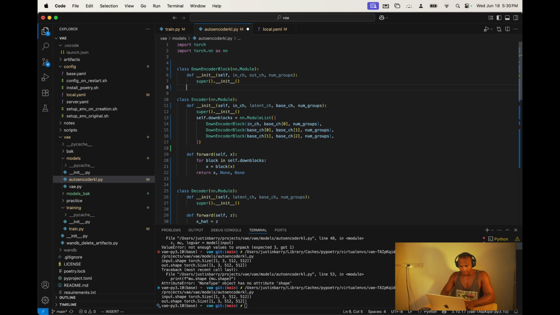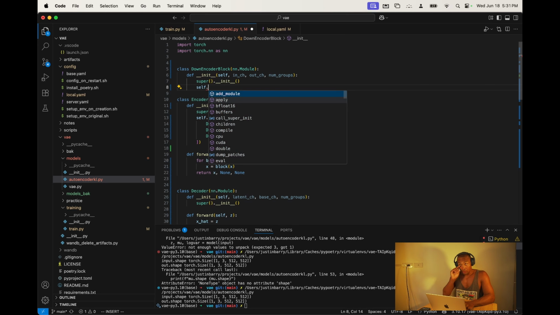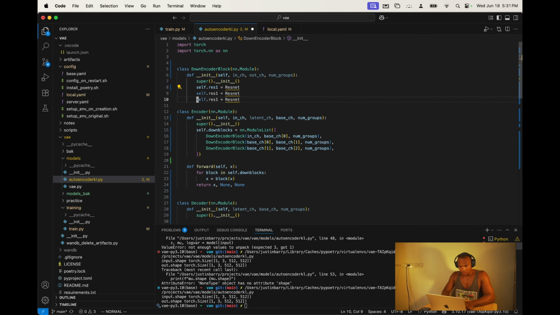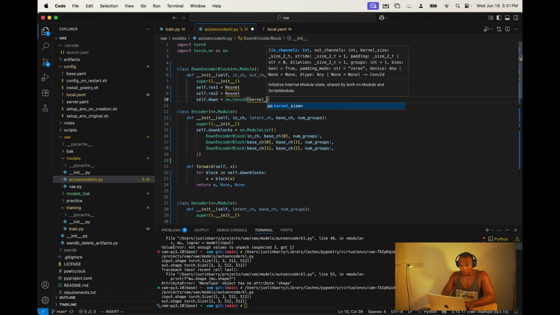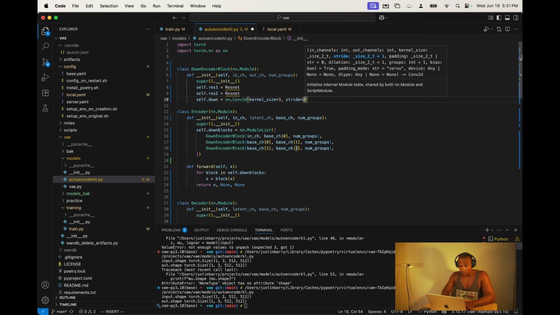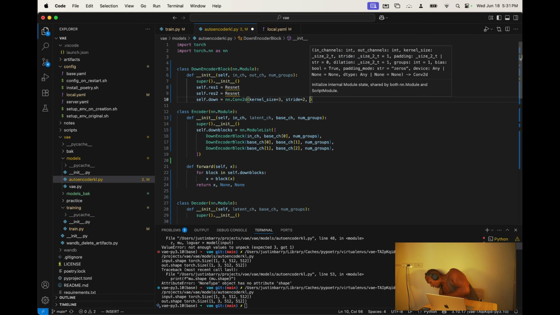This is going to have res1. It's going to have 2 stacked ResNet blocks and a downsample, which is why we make the stride equal to 2. So it learns features and it downsamples at the same time.